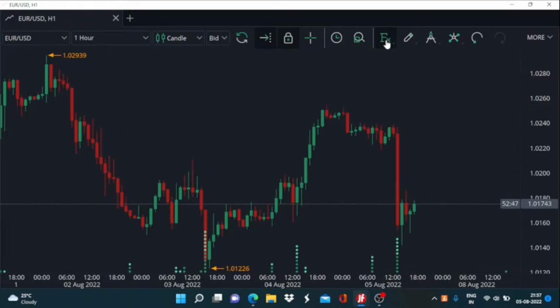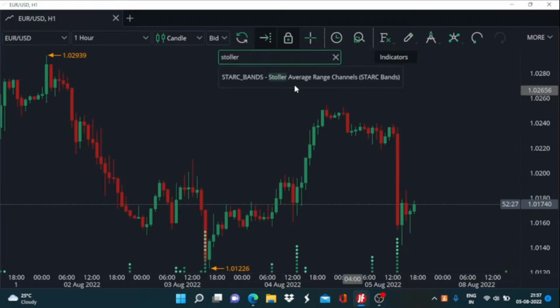You will find this indicator listed amongst the overlap studies, or else you can simply do a quick search. Let us do a quick search this time around. We just have to type in Stoller. All right, so here we have Stoller average range channel, STARC bands.